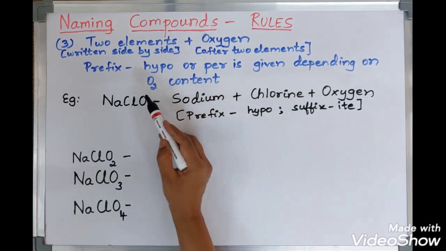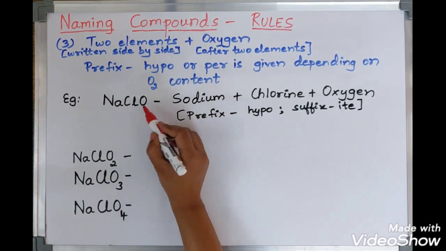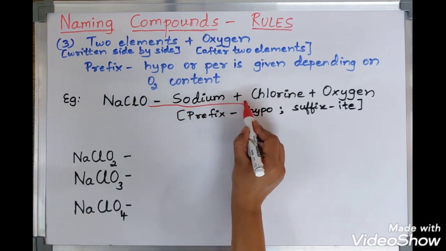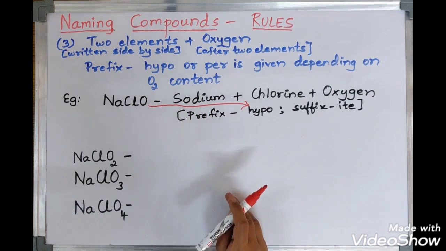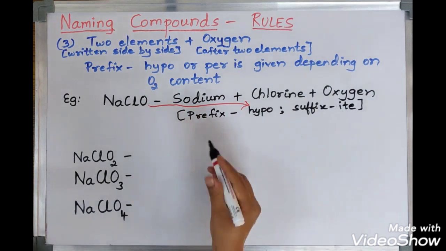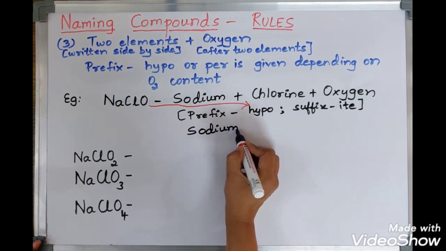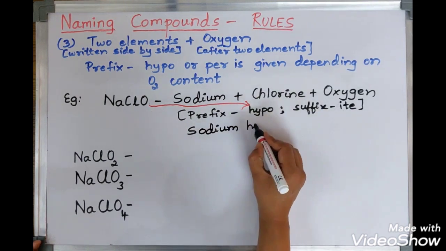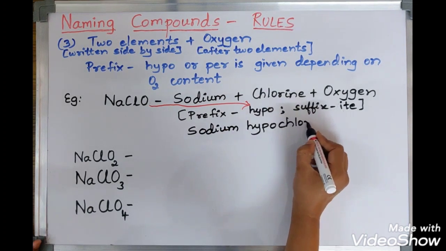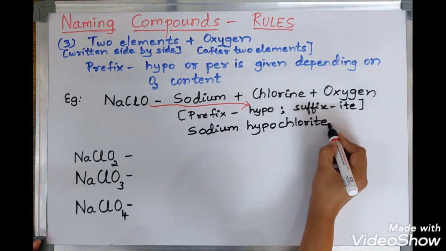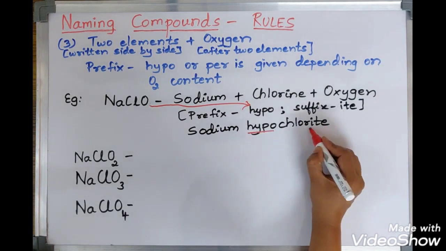Now here the prefix for 1 atom of oxygen will be hypo and the suffix will be ITE. So let us write the chemical name of this particular compound as sodium, the prefix should be hypo and the suffix is chlorite, ITE for the root word. So this is the prefix, this is the suffix.